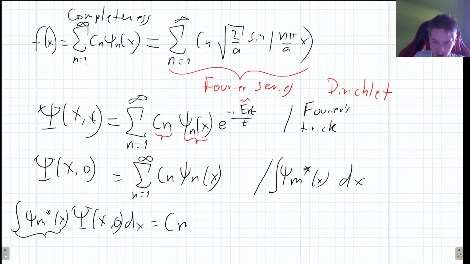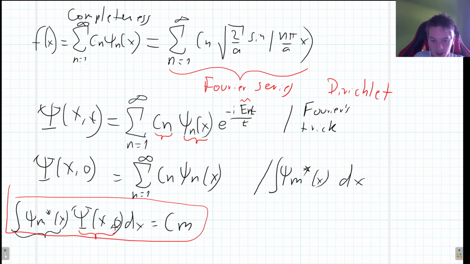This is Cm. Now, if we are given the initial state, because that is what this psi of x comma 0 is, the initial state of our function, then performing this integral, because this psi m right here is just the normal solution that we found for this infinite square well, the square root of 2 over a sine of n pi over a x, we can just perform this integral and we get our coefficients.